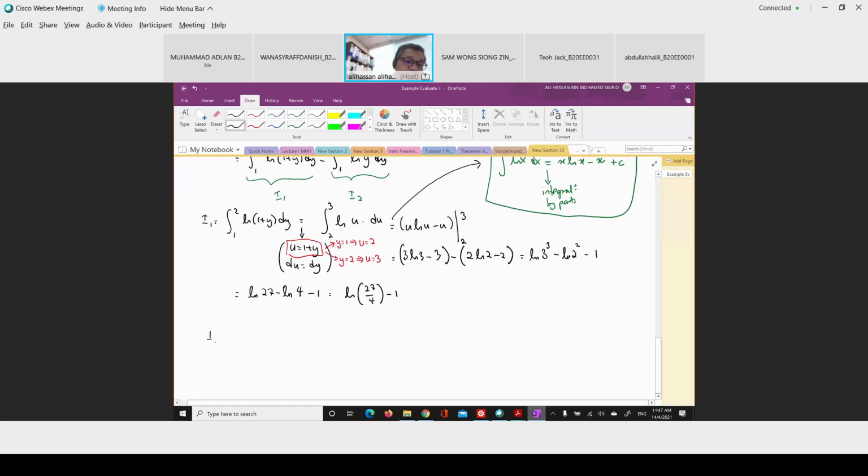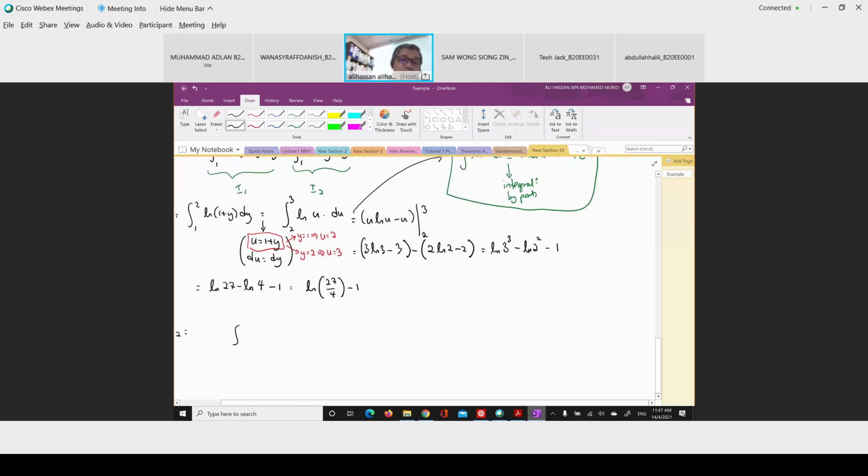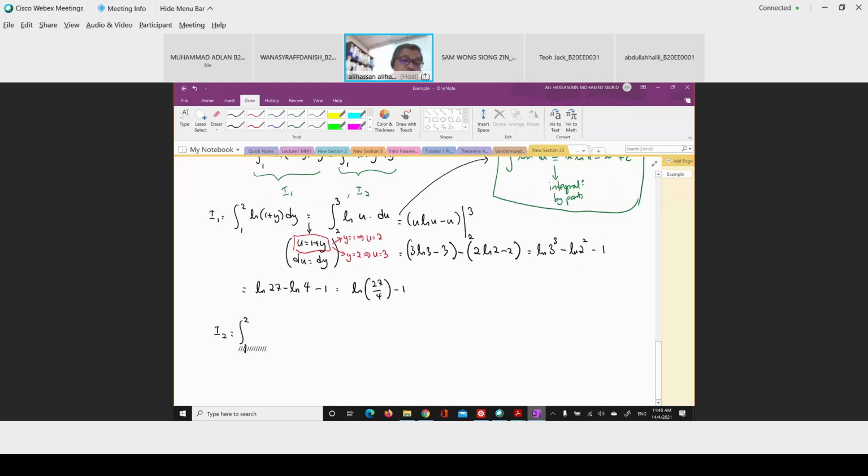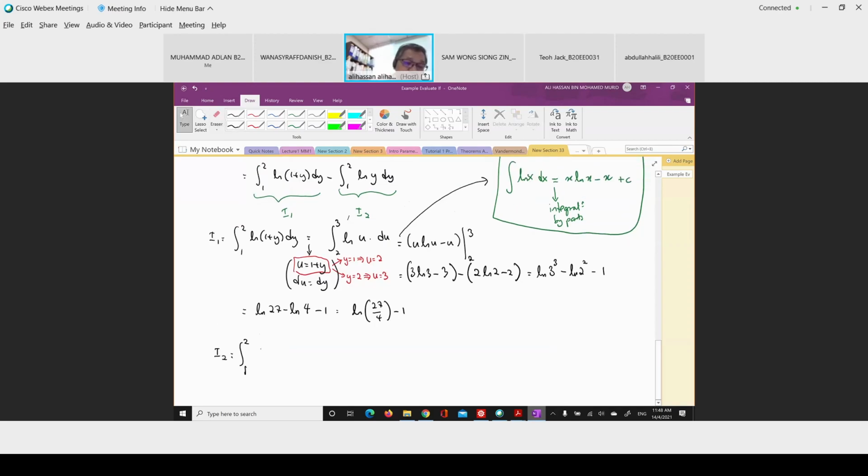We have another integral to evaluate, the integral I2, which is the integral from 1 to 2 of ln y dy.